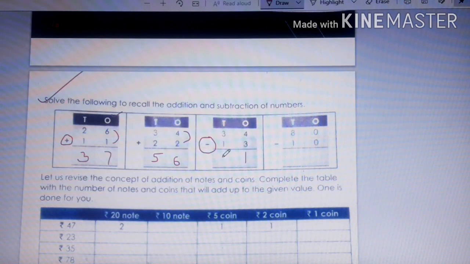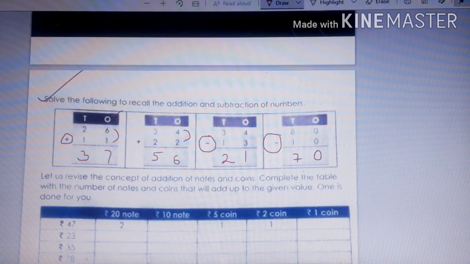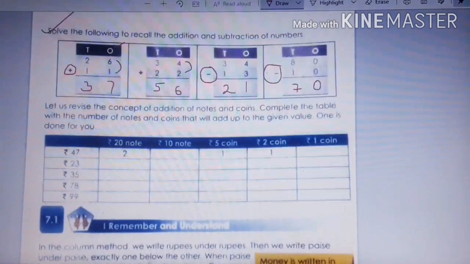And 3 minus 1 is what? 2. Here it comes 21. Next, again it is subtraction. 0 minus 0 is what? 0. 8 minus 1 is what? 7. So this is your addition and subtraction. If you are finished, let's move to next.